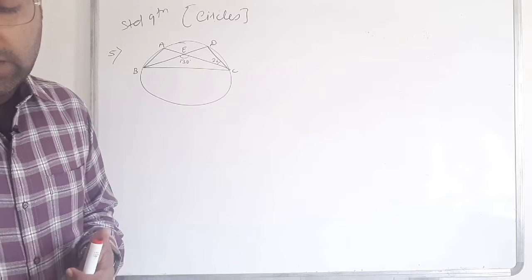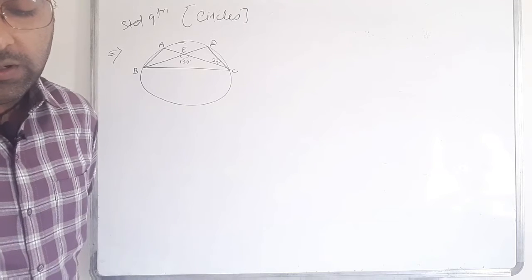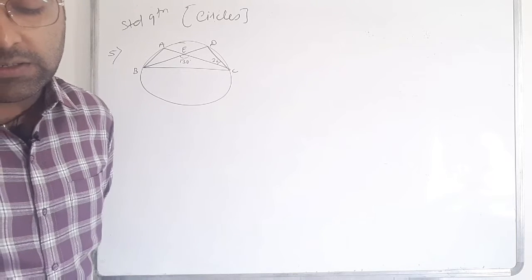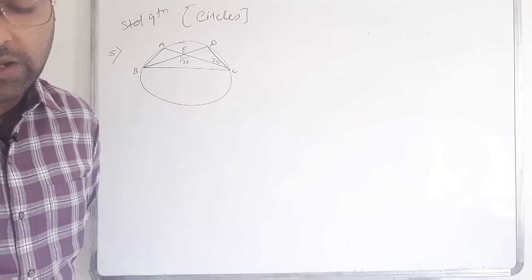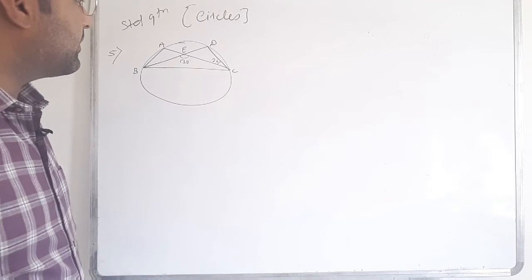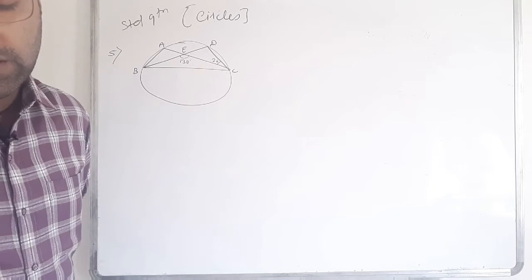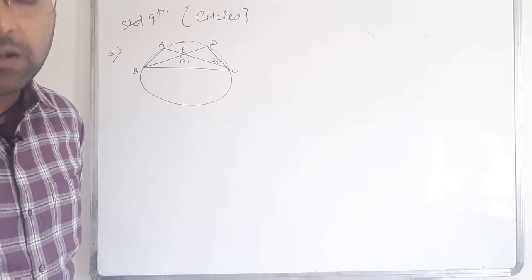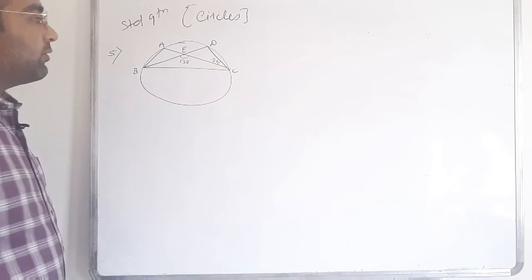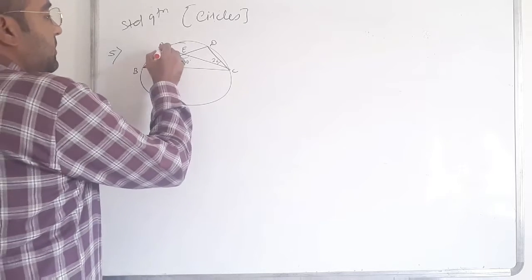In the figure, ABCD are 4 points on the circle. AC and BD intersect at a point E such that BEC is equal to 130 degrees, and ECD is equal to 20 degrees. Find angle BAC. We need to find angle BAC.